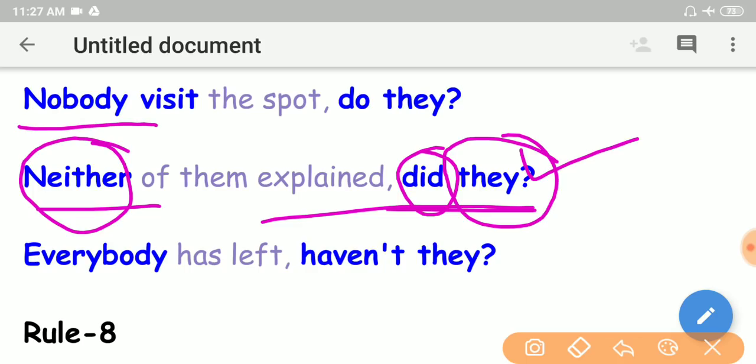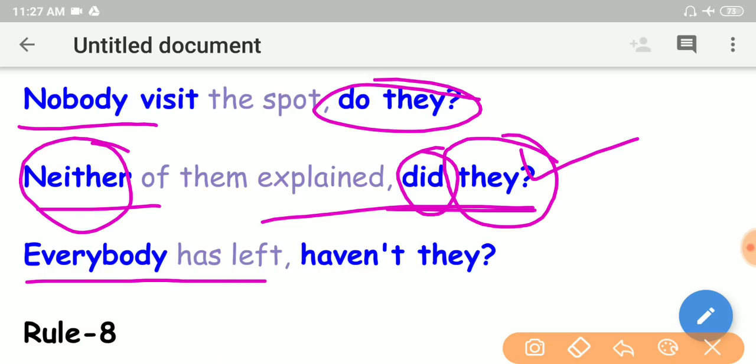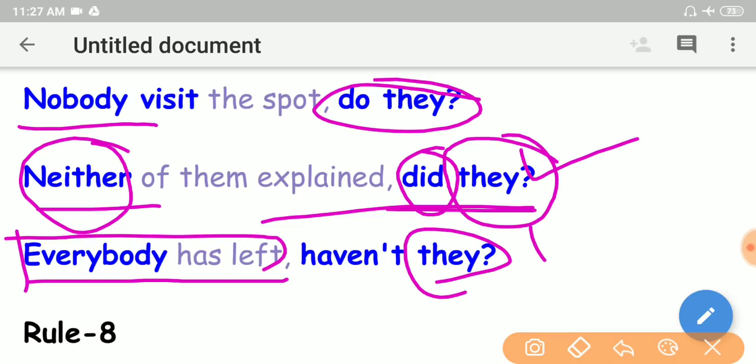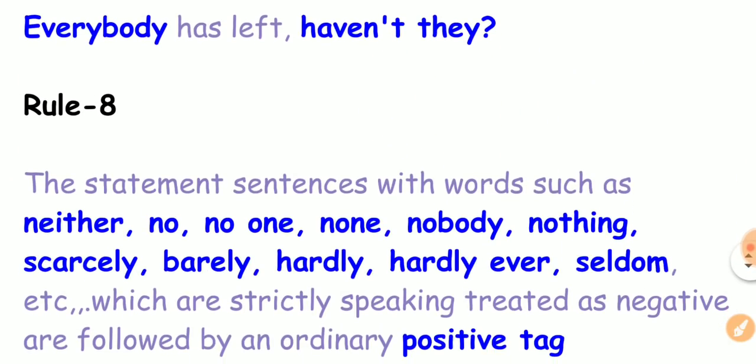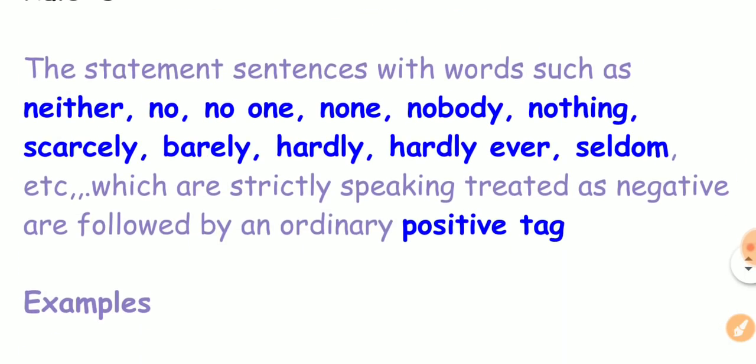Nobody is also negative, that's why a positive tag is used. At the same time, here we have everybody, but here we don't use everybody, we must use they. At the same time, if the statement is positive, the tag should be negative, my dear friends.